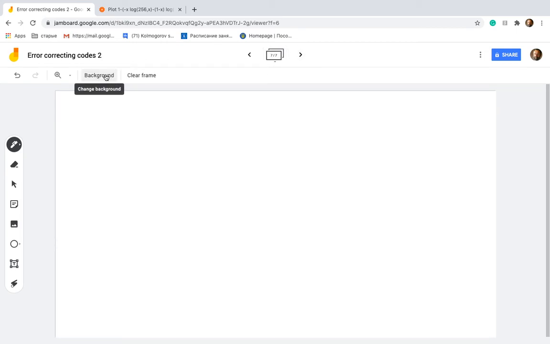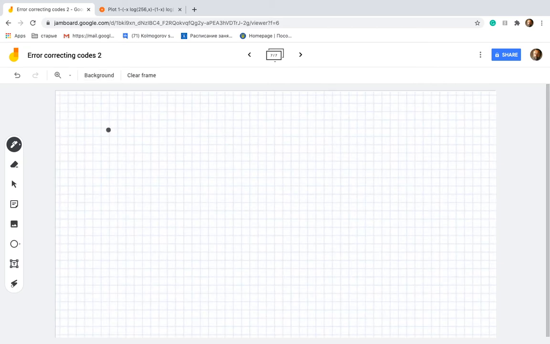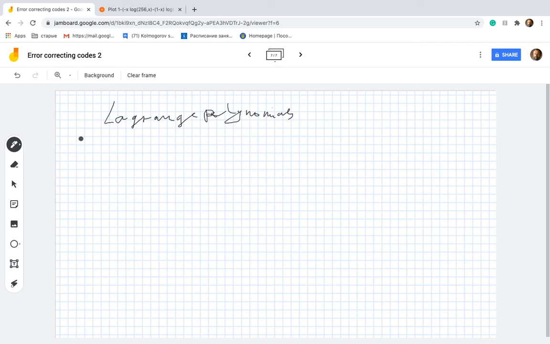To this end, we have the so-called Lagrange polynomials, which allow us to express the coefficients of the polynomial through its values.